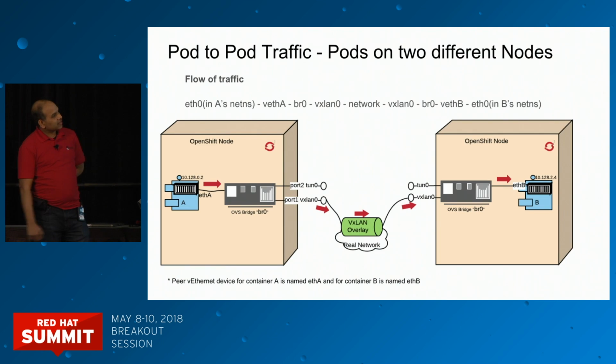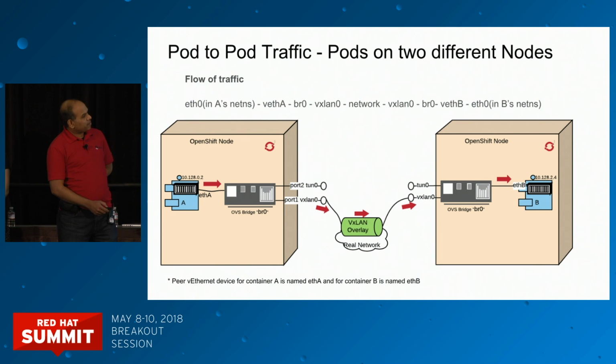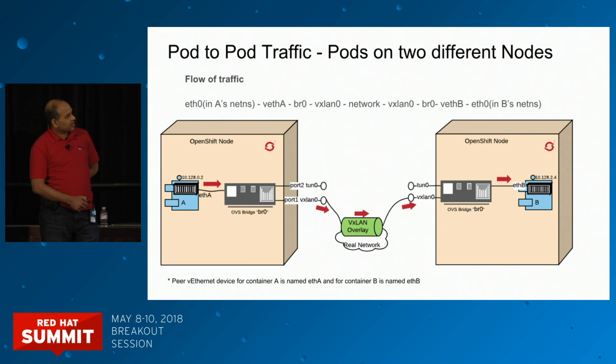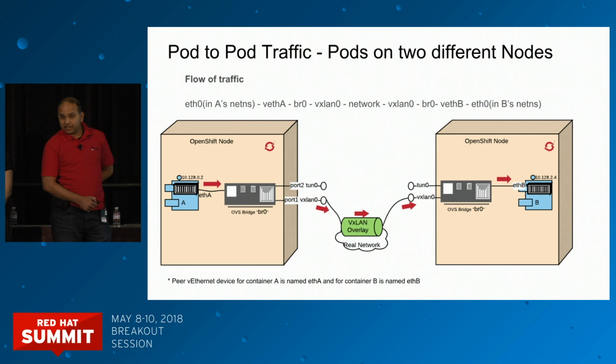What happens if pod A wants to talk to pod B, but pod B is on a different node? So traffic goes out to BR0, right? Based on what I just said before, every node knows about every other node on the cluster, right? So since the traffic is addressed to a different subnet, the bridge network here knows, based on the OpenFlow rules, that it is directed to a different node.